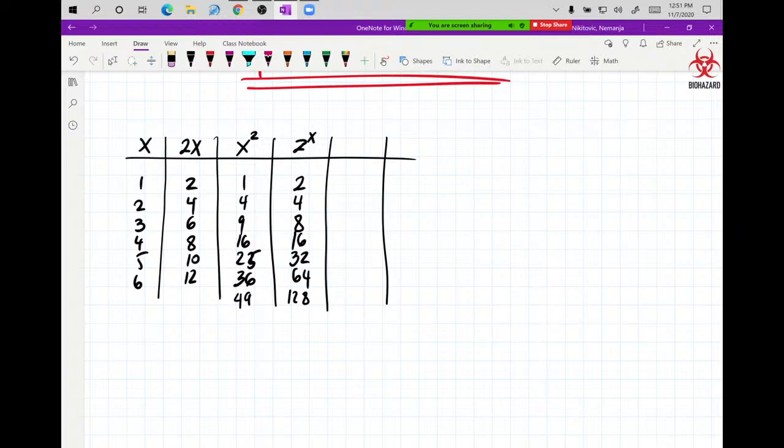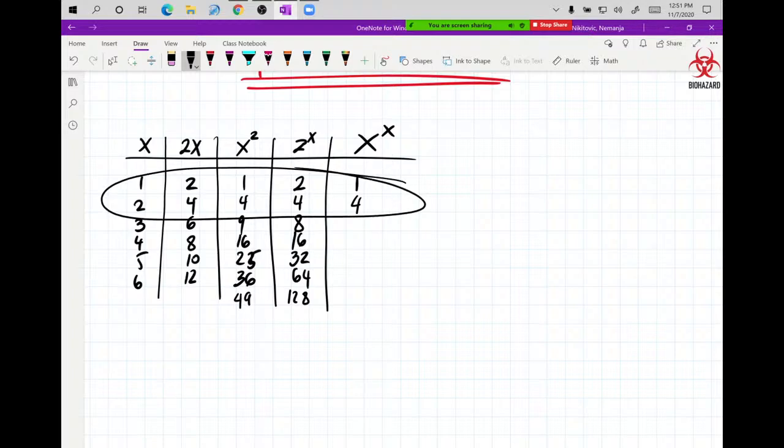Now, we are skipping one of these. It will be plugged in later on in your Calc 2 class. So for us, the one that I call the boss is this one. 1 raised to 1 is 1. 2 squared is 4. Not a big deal, right? They're all pretty much there, right?